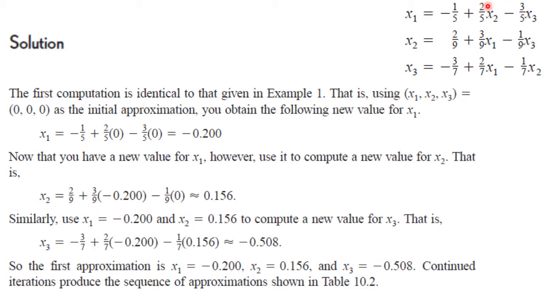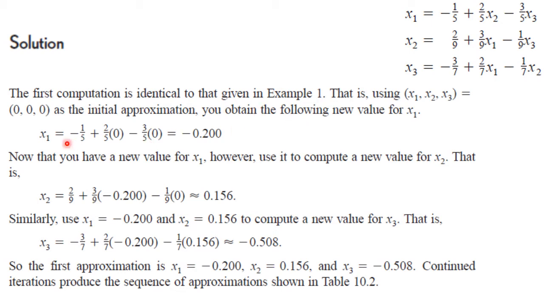For your convenience, I have rewritten the system again as I had written it in the Jacobi method. The first initial approximation, students, is 0, 0, 0. Now we obtain the new value of x1.